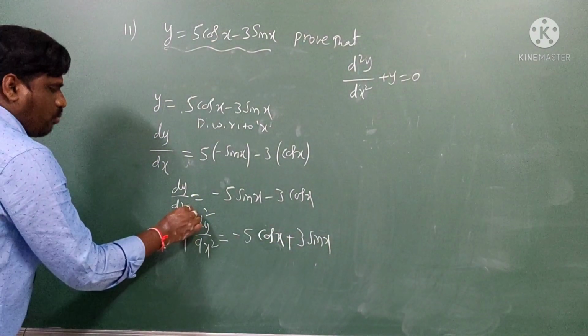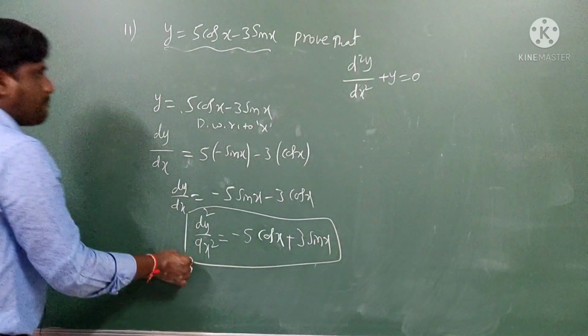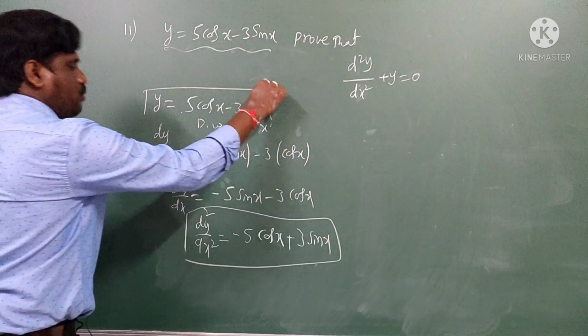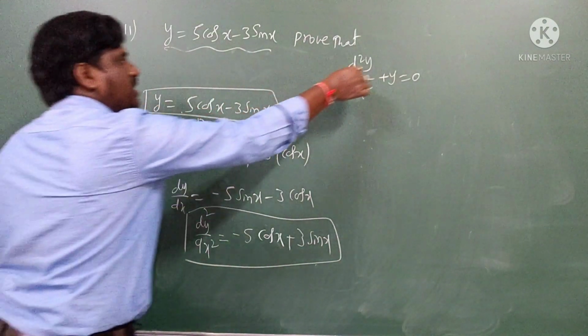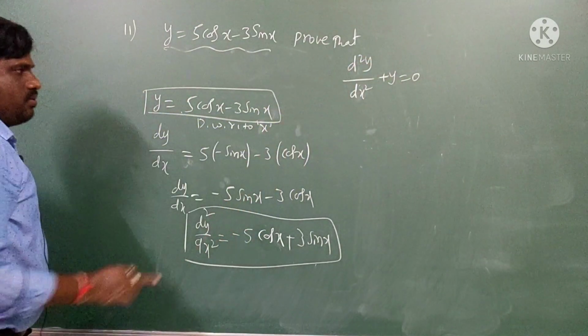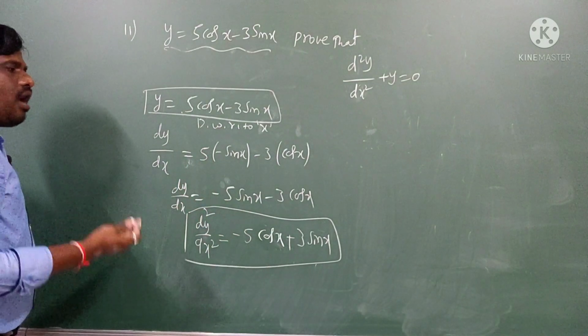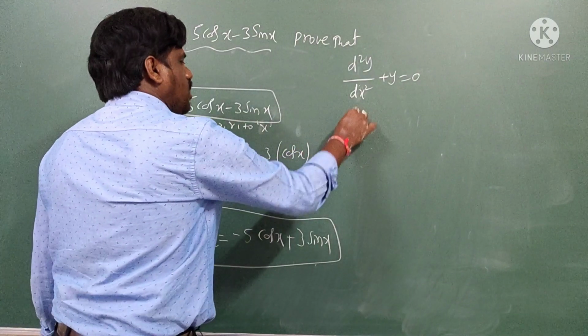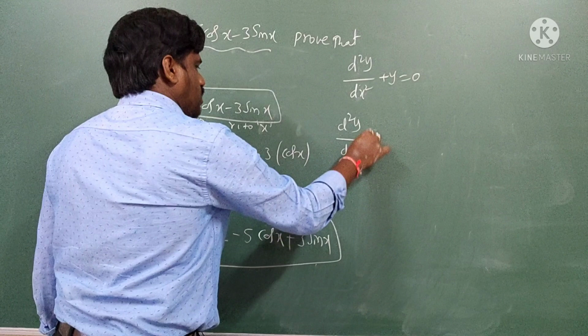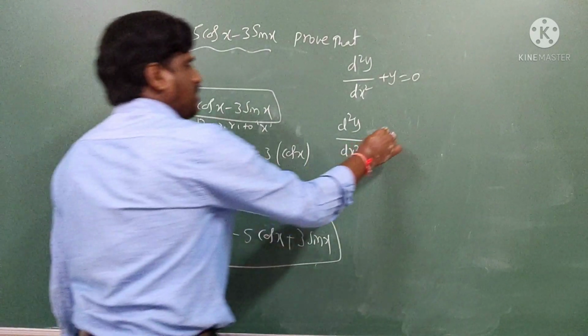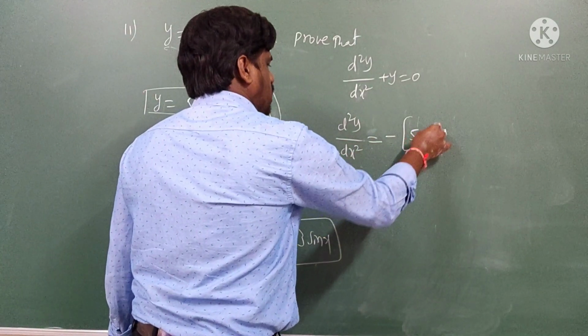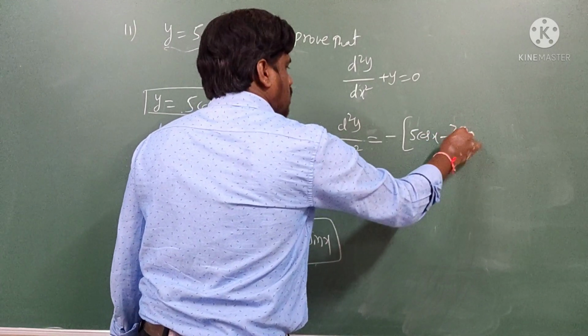So if you substitute this d2y by dx square and this y value in the expression, you are going to get 0. This will be cancelled, this will be cancelled, you get 0. Or you can do one more way: d2y by dx square is equal to, let us take minus common here, minus of 5 cos x minus 3 sin x.